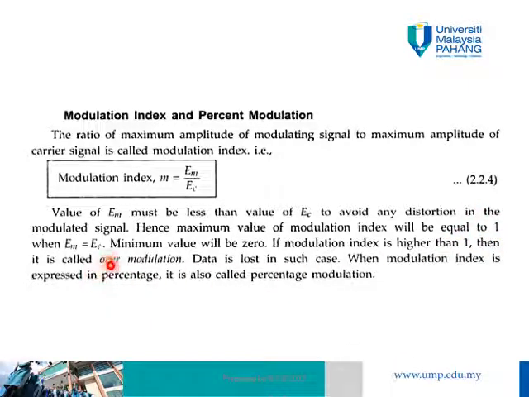Then it becomes overmodulation, and it is not good for data transmission because the data can be lost. When the modulation index is expressed as a percentage, it is called percentage modulation. So 1 is equal to 100%, and anything less than 1 is less than 100%.